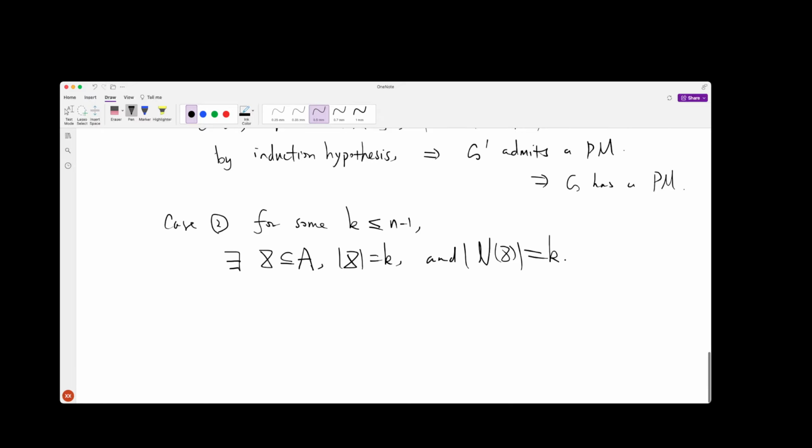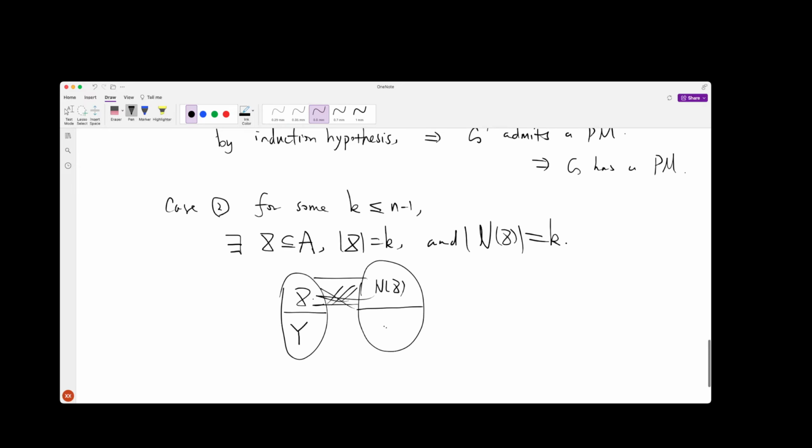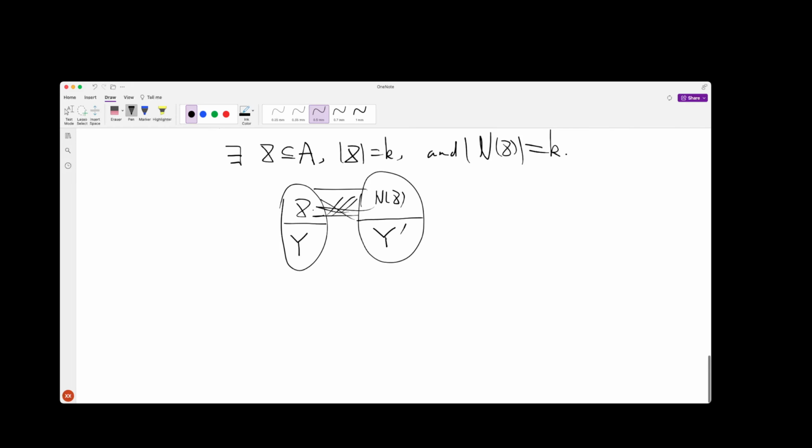Okay, so the picture will be like this. We have X here, and here we have the neighborhood of X, and you have edges here, and there's no edge from X to here. So we define this set to be Y and this set to be Y prime. In other words, Y is A minus X, and Y prime will be B minus N of X.